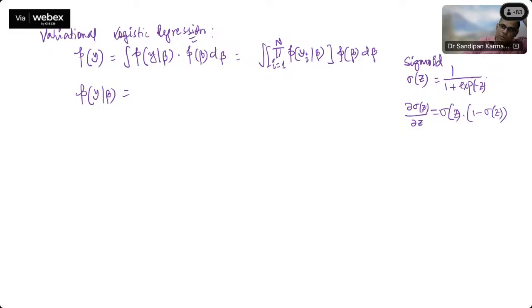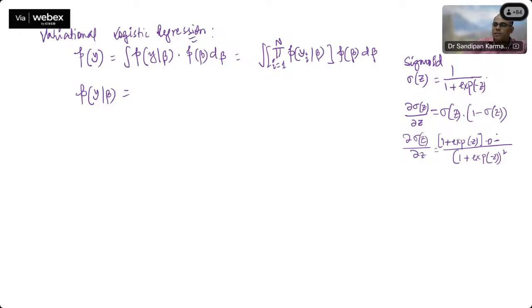Okay, so you can actually do this. Let me just show it. Del sigma z by del z. This is a by b kind of function, so in the denominator it will be square. In the numerator, it will be the denominator as it is multiplied by del z of 1, so that will be 0, right?